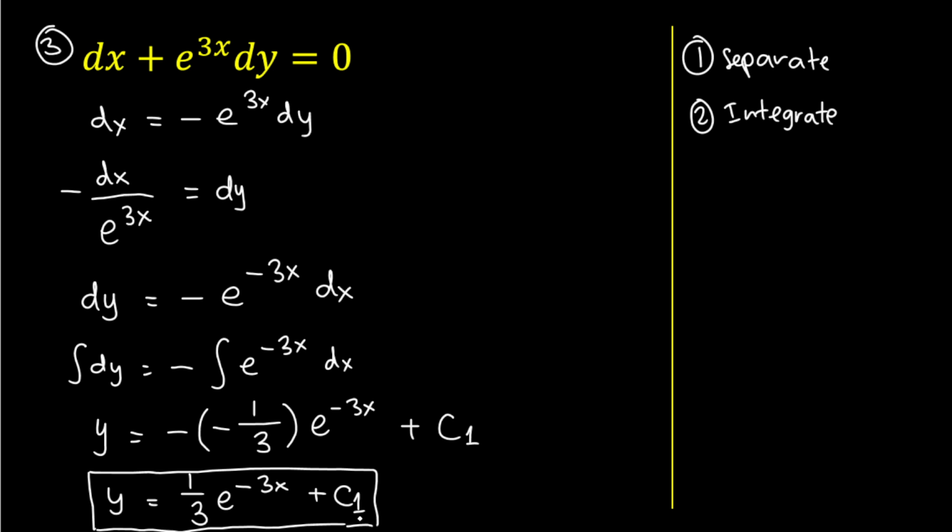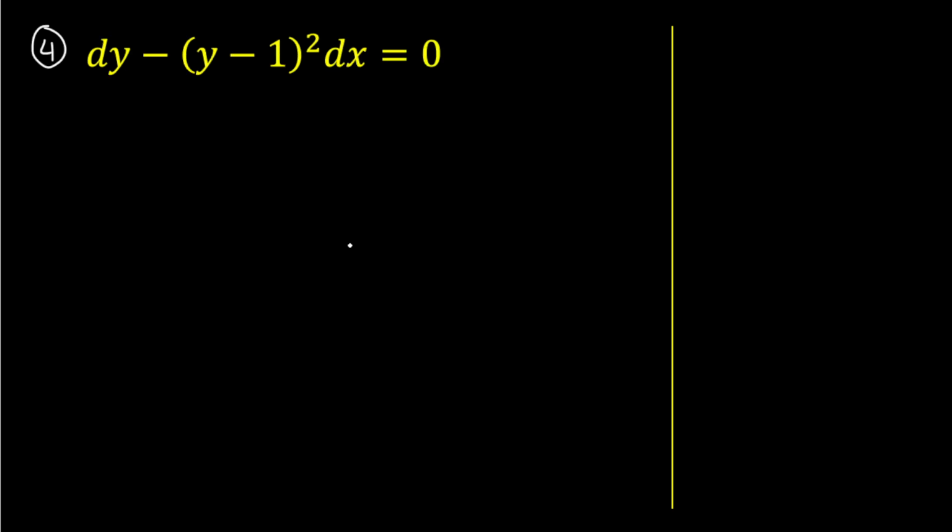Okay, now let's move on to the last example, which is example number 4. So the first step that we need to do is to separate, right? Okay, let's isolate this dy to the left hand side. So I will have dy here, and that will equal to, I think we will have y minus 1 squared and then dx. Good.